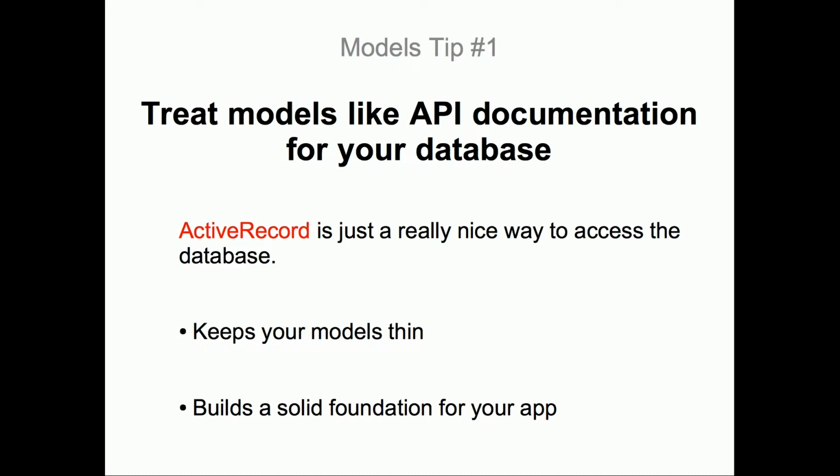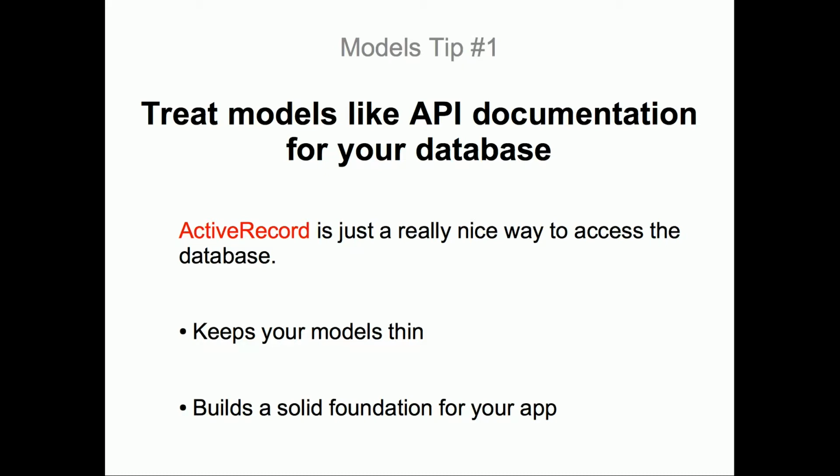So the model tip number one is to treat your models like API documentation for your database. Just kind of what I was talking about with like the MVC framework. It's not exactly MVC. Like the M in MVC is a lot more complicated. You can add listeners and do a bunch of, like the request flow from a request to response is a little simpler in Rails.